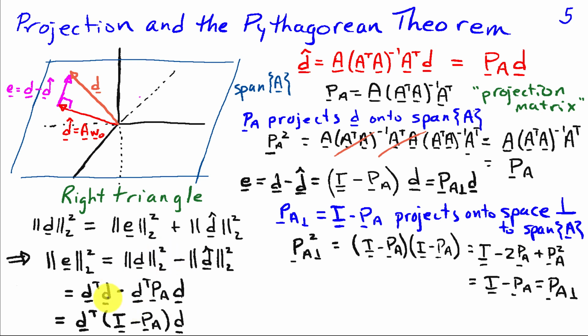Well, the 2 norm squared of d is just d transpose d, and then the 2 norm squared of d hat is d transpose P sub A times d, because P sub A squared is equal to P sub A. Therefore we end up with an expression for the length squared of the error, the minimum squared error, as d transpose times I minus P sub A times d. So that's another way to write it, and it follows directly from the Pythagorean theorem applied to this right triangle.